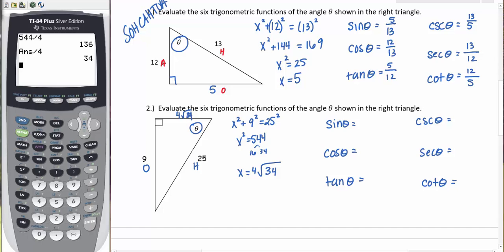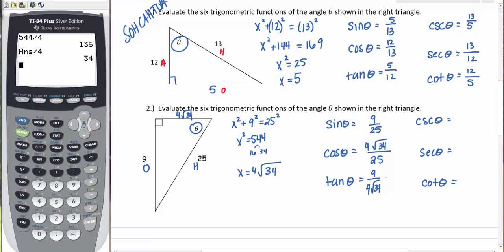So what I mean by that, sine, again, is opposite over hypotenuse, so 9 over 25. Cosine is going to be adjacent, so 4 root 34 over 25. And tangent is going to be opposite over adjacent, which is 9 over 4 times the square root of 34.